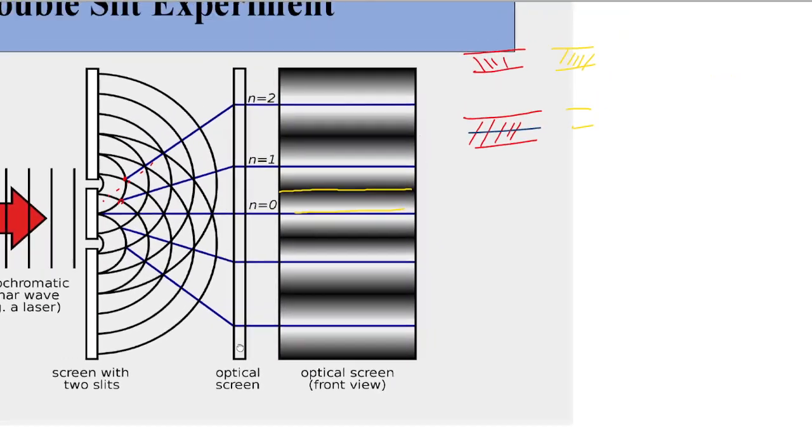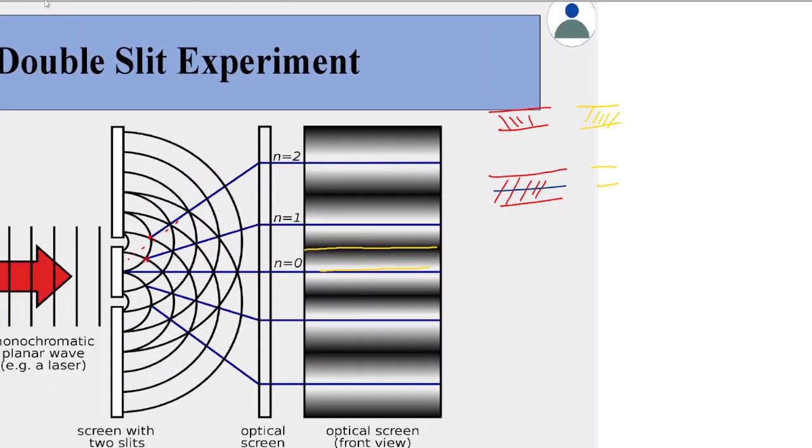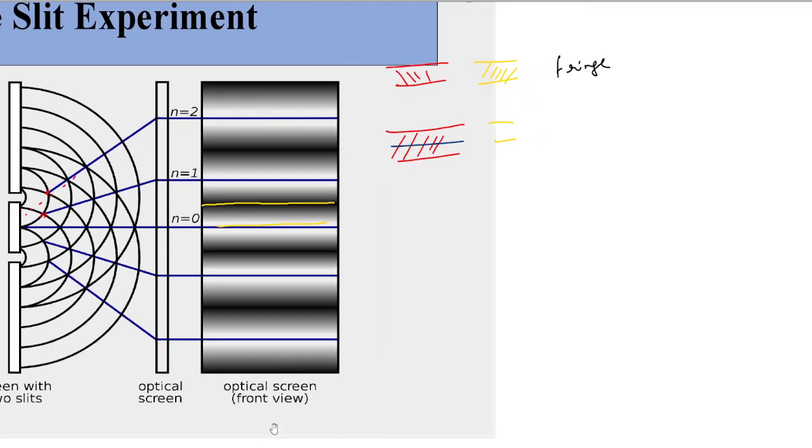And also here we define a term called fringe width. So we'll define something called a fringe. The terms fringe and band are interchanged, but technically a fringe means it contains one bright band plus one dark band. That's called a fringe.